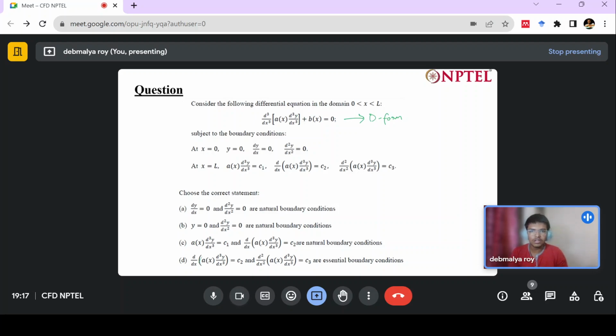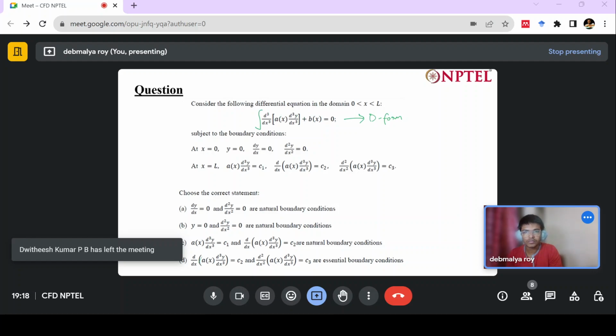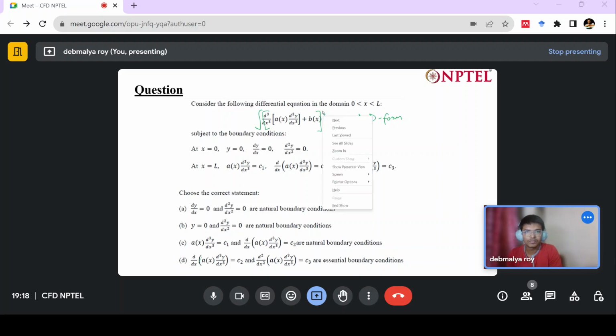Okay. So now if we take it to the variation form, what might be the order of the V form? What will be the order? What we will be doing is the by parts operation, right? So this equation is there. We will simply integrate this, put a variation term here, and we will integrate this.